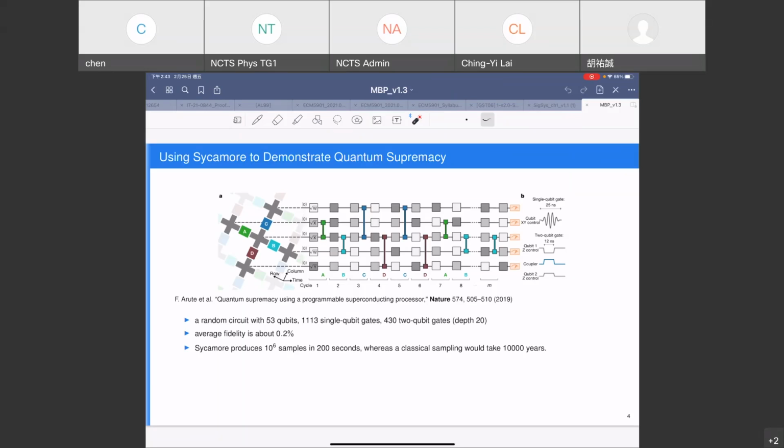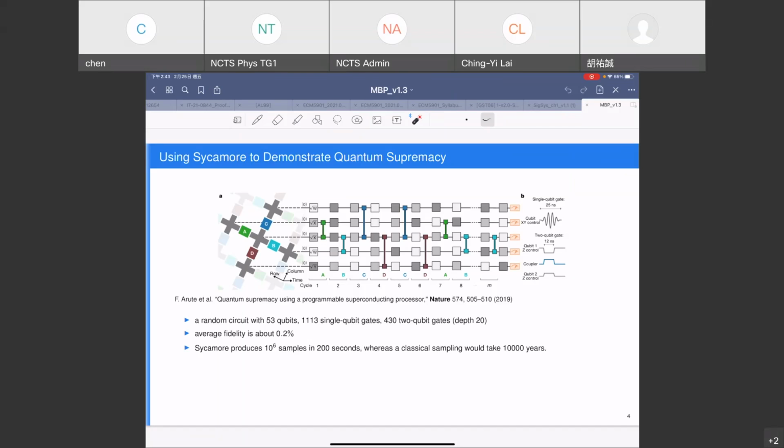They can perform like 20 stages here, and then they will perform a measurement at the end. So this is a quantum experiment.